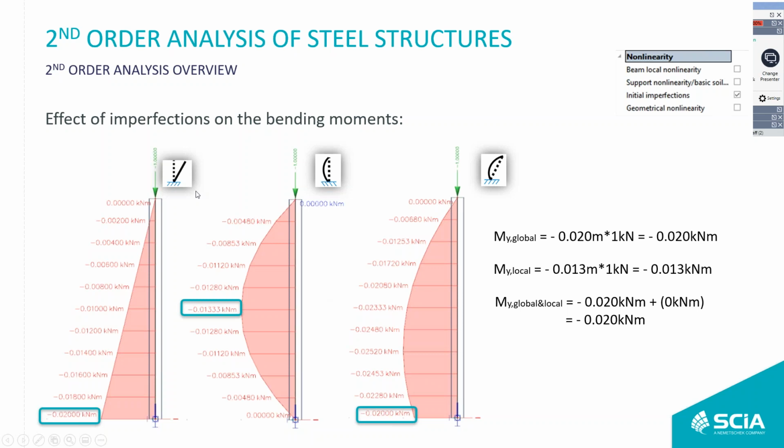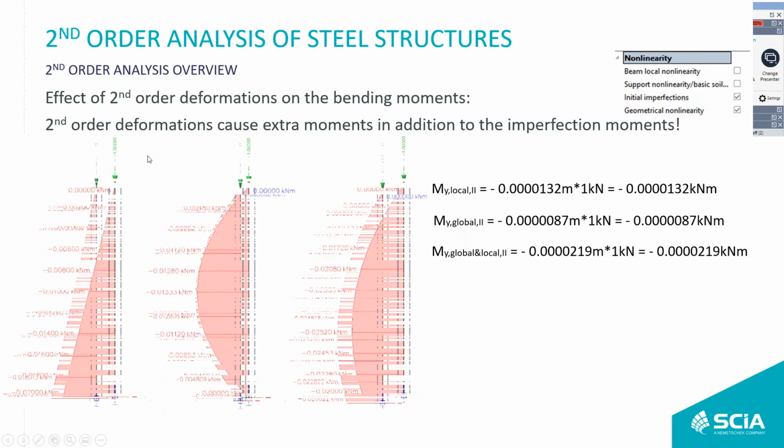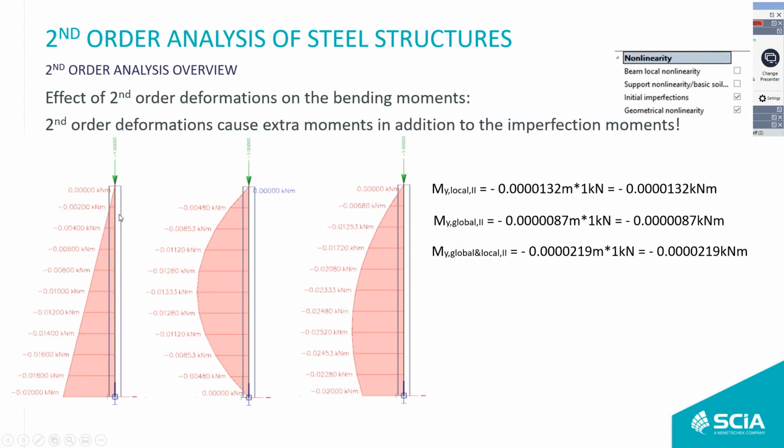So that's the effect of the imperfections on your bending moment. That's one part of your second order analysis. There's also another one. Due to the fact that your structure will deform further, thanks to these imperfections you get these extra moments, but your structure could move a bit further until it reaches equilibrium. That extra deformation causes extra moments, and that's what you see right here.